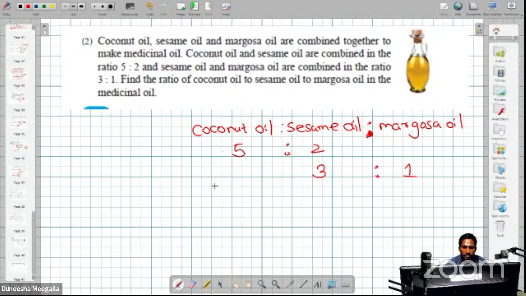Okay. What is the least common multiple? Two and 3.